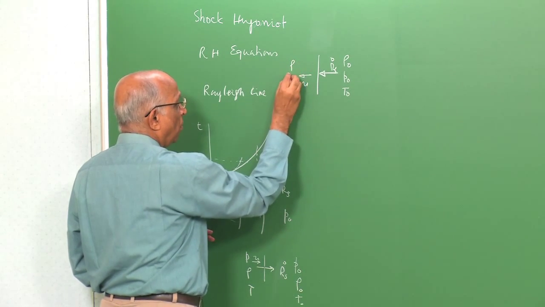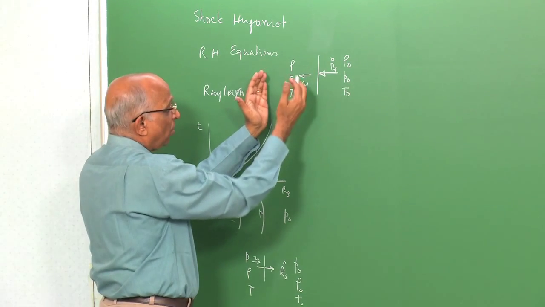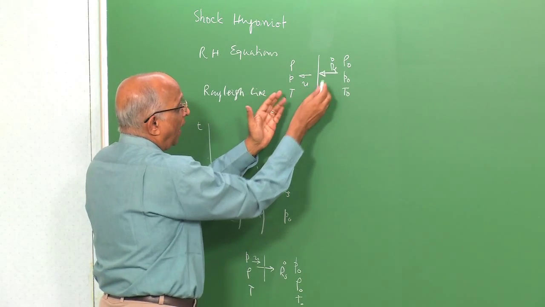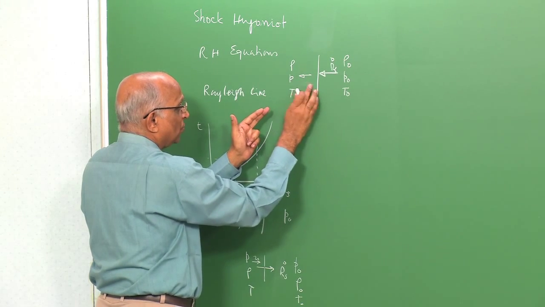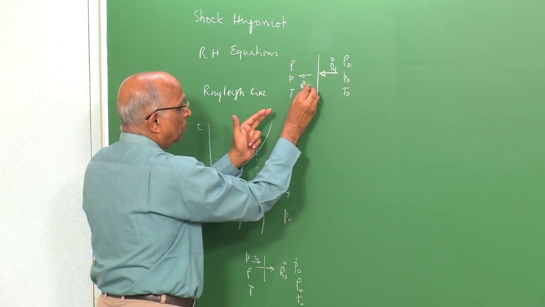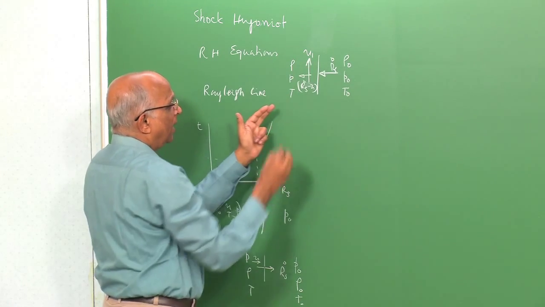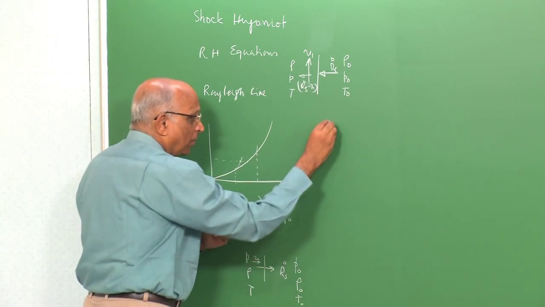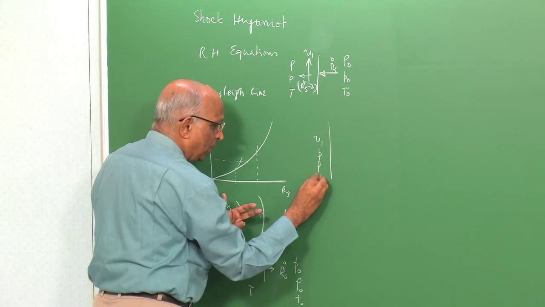I have rho, p and temperature, which are the parameters behind the shock wave. Therefore, the velocity is equal to Rs dot minus u over here, and this Rs dot minus u I called u1, and therefore we solve the problem of u1, p, rho, T behind it.